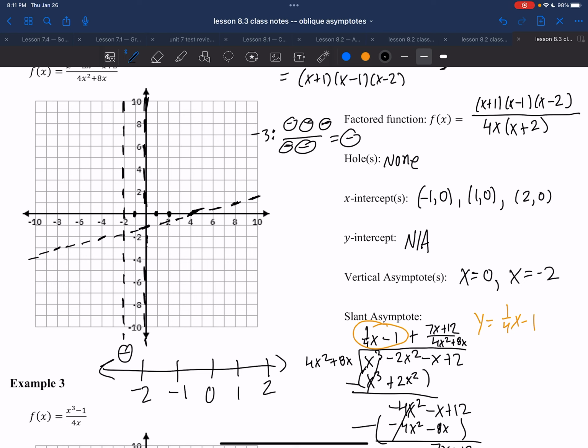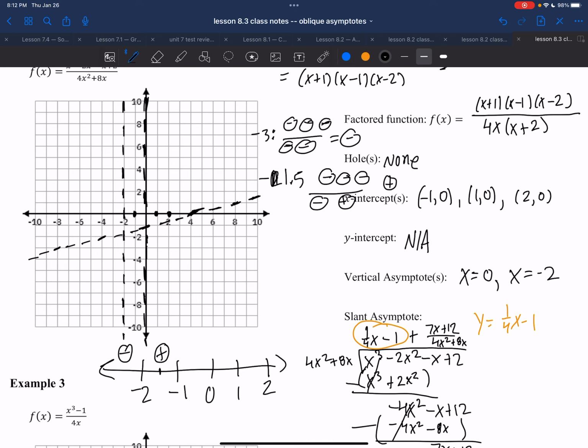Let us now test, not -2.5, how about -1.5? Because we have to test in between those. So that'll be negative, positive. And so that's going to be positive. So this will be positive.